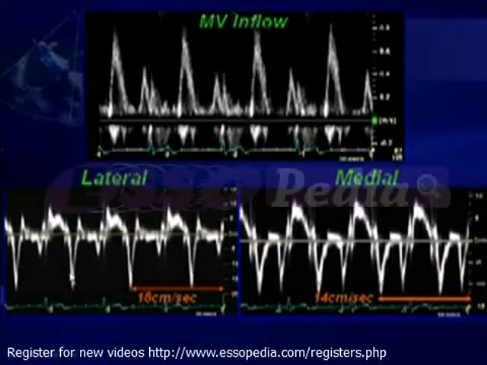Now here's our individual where we see the mitral inflow velocity profile. We see the lateral annular velocities with an E prime velocity of 18 centimeters per second and a medial annular velocity with an E prime velocity of 14 centimeters per second. And it is normal to see the medial annular velocity be less than the lateral annular velocity.